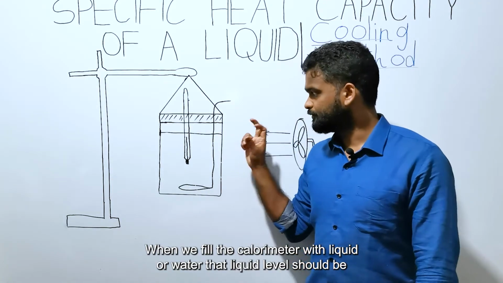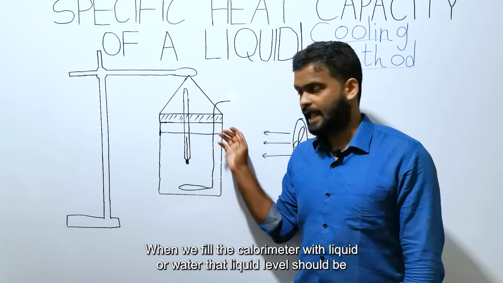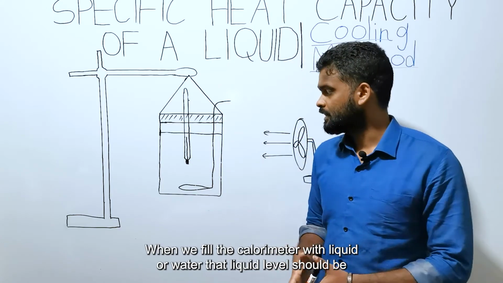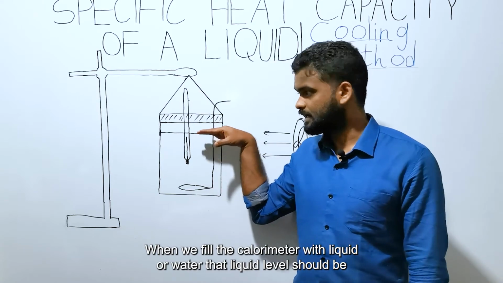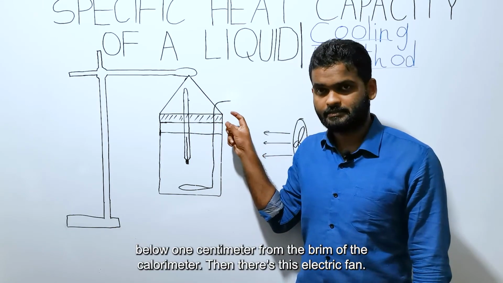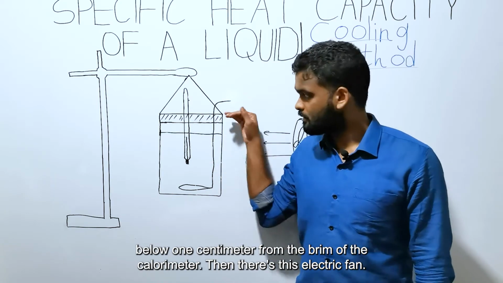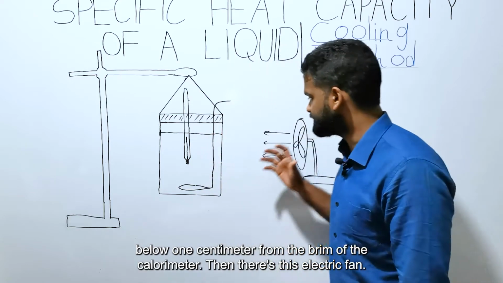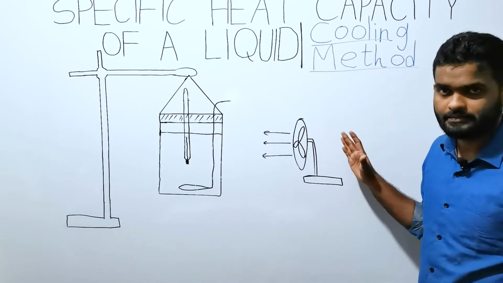When we fill the calorimeter with liquid or water, that liquid level should be below 1 centimeter from the brim of the calorimeter.